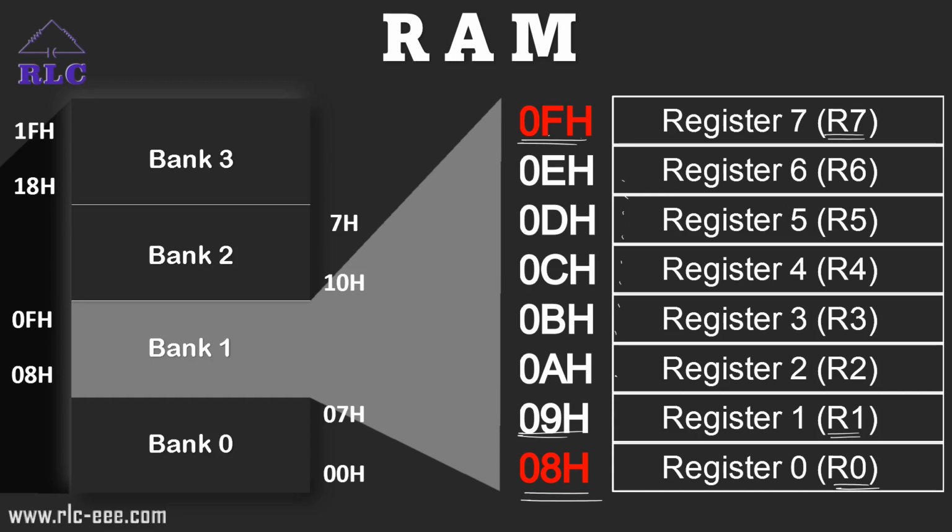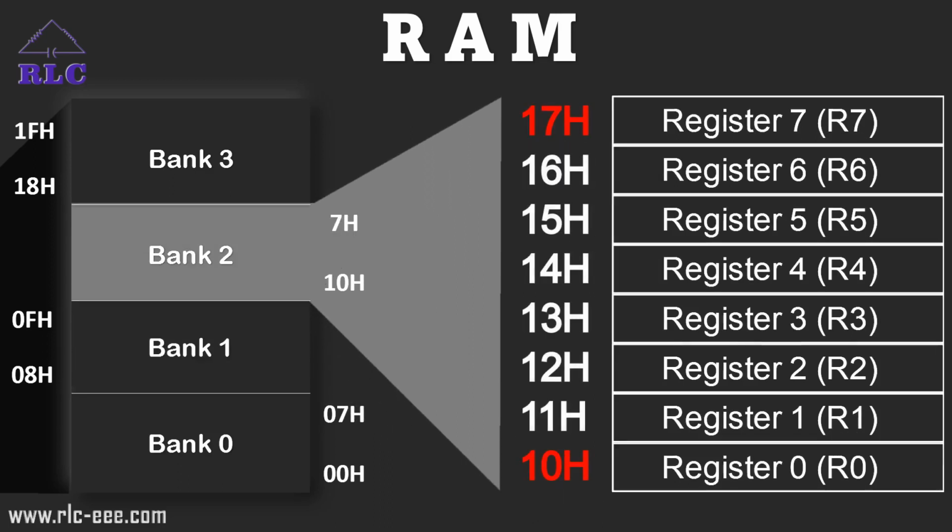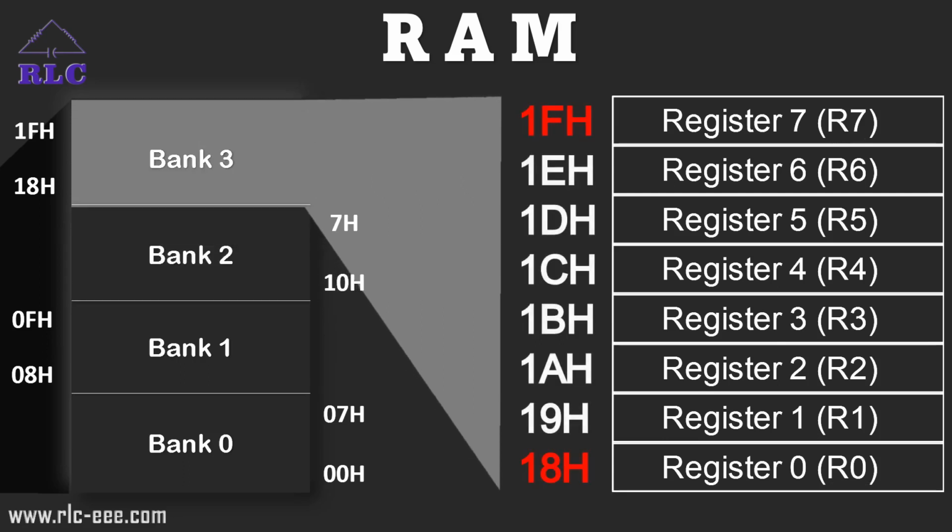This is for bank 1. The same applies to bank 2, which starts from 10H to 17H with names R0 to R7. Then bank 3 starts from 18H to 1FH, and the names again run from R0 to R7.